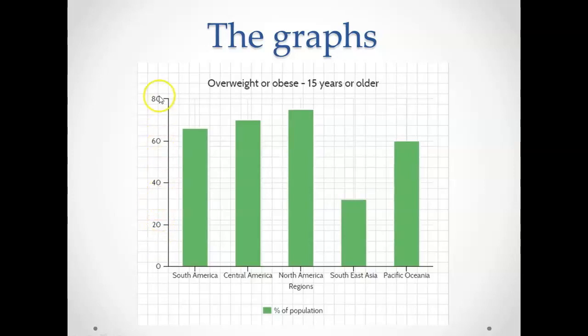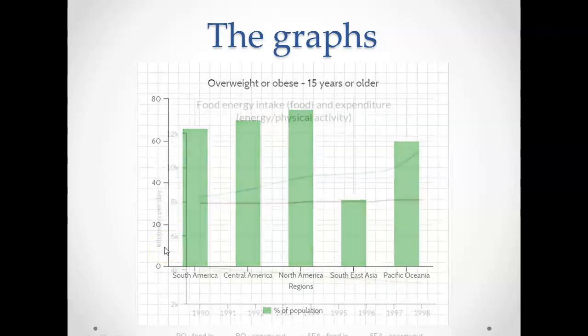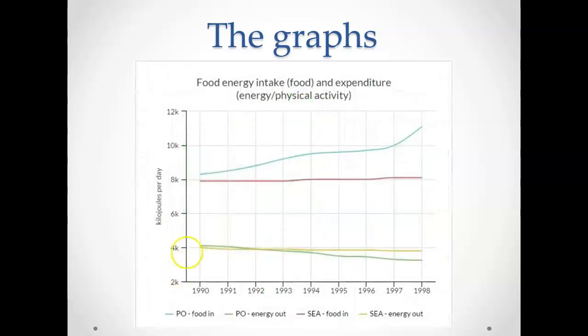The numbers up the side refer to percentage of the population. In the line graph, though, the numbers up the side represent kilojoules per day, which is food energy intake and expenditure.